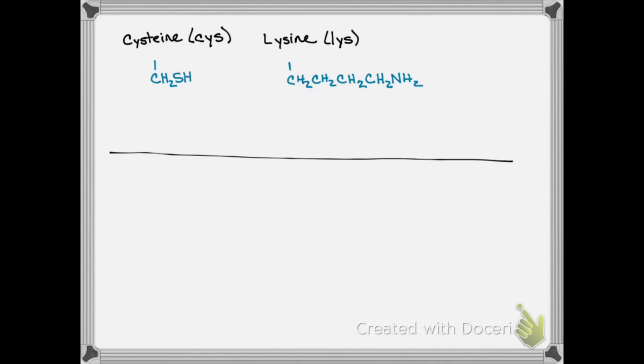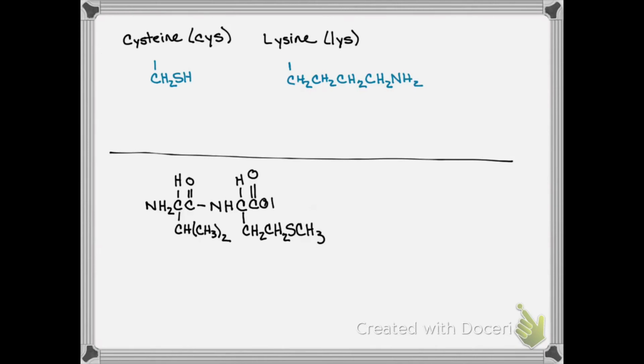Just to draw those out very quickly for you, the dipeptide that they would have had is NH2, CH, and that carbon has 2 CH3s bonded to it, and then C double bond O, N, H, C. Coming down off of that one is a CH2, CH2, S, CH3, and then we've got our hydrogen, and then a carbon, C double bond O, OH.